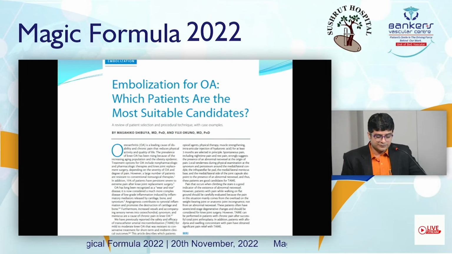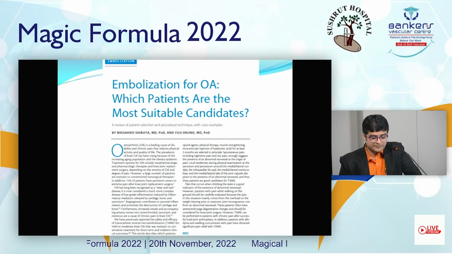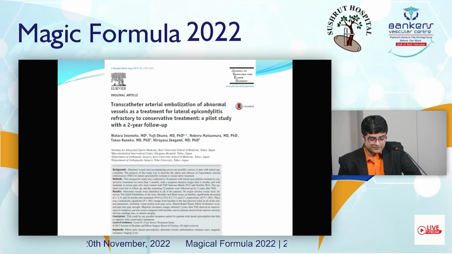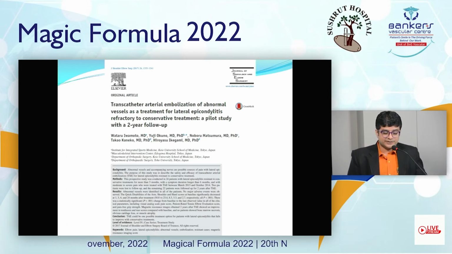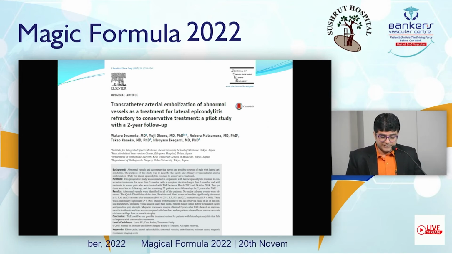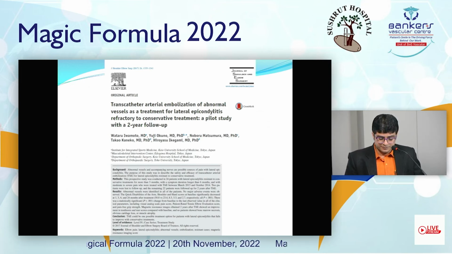Which patients are suitable? Again, this is a Japanese paper showing that patients with tenderness and medial joint pain are more suitable. This is a study with 2-year follow-up, again by the Japanese. It is showing embolization is a good treatment option for patients with lateral knee pain also.